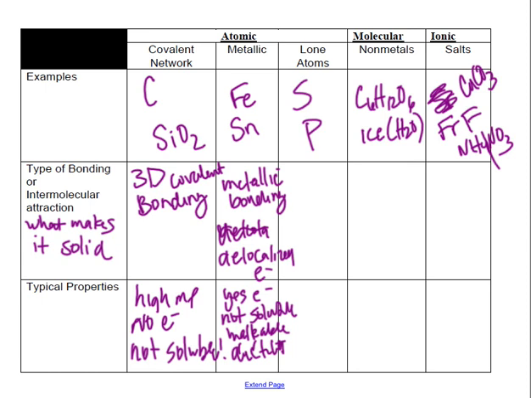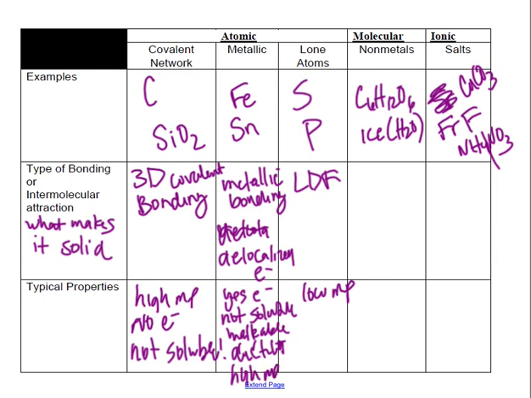All right, lone atoms. What keeps sulfur as a white powder? What intermolecular force keeps that? Because there's no bonding going on there. It's just a lone atom. It's not bonding to anything. Yep, LDS. And these are going to have low melting points. Oh, and I know metals have pretty high melting points, by the way.